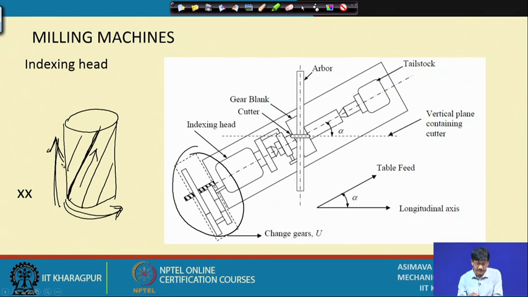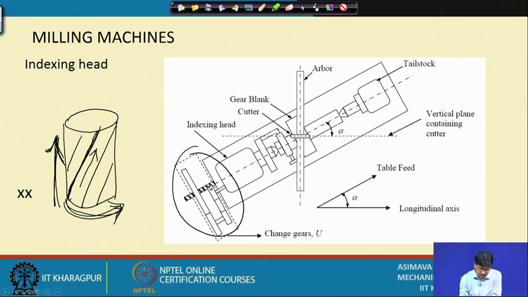How to establish a connection between rotation of the workpiece and the longitudinal motion of the table? These are the two motions, longitudinal motion of the table, rotation of the workpiece. Longitudinal motion of the table is obtained by the rotation of the lead screw. Remember, there is the lead screw we discussed so much. This screw will rotate and make the table move. Through these gears it will be connected to the indexing head, and from the indexing head output rotation is obtained.